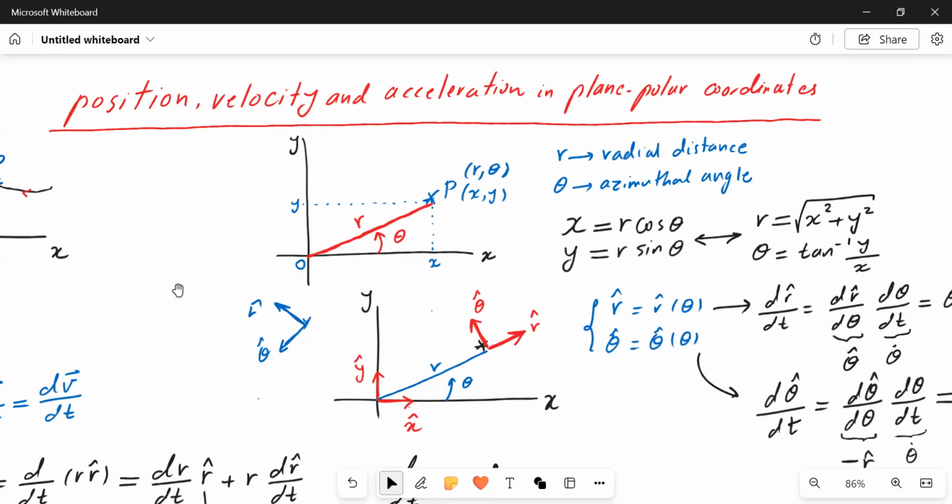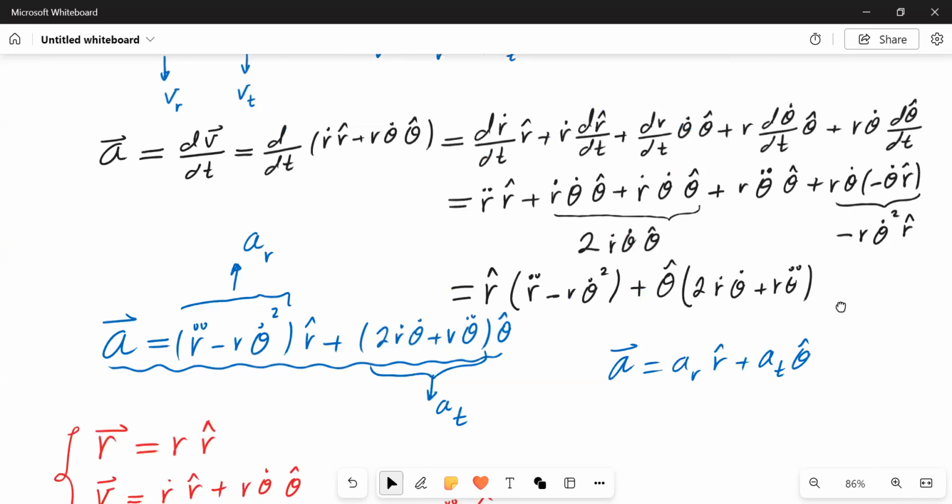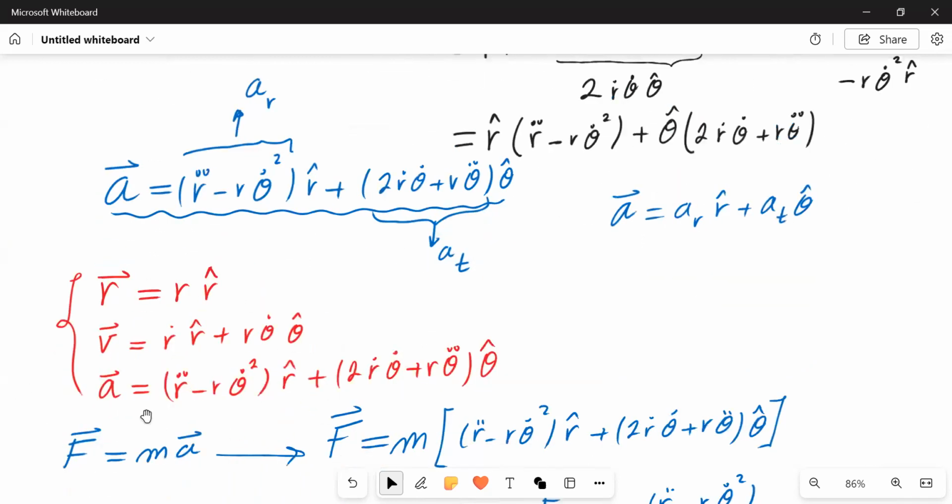And when we look into those, we would find out that the plane polar system of coordinates is the most suitable way to describe planetary motions. And in particular, we're going to look into the orbits of planets around the sun. So that's why I just wanted to introduce you to these new notations and also these alternative ways of expressing the position, velocity, and acceleration.